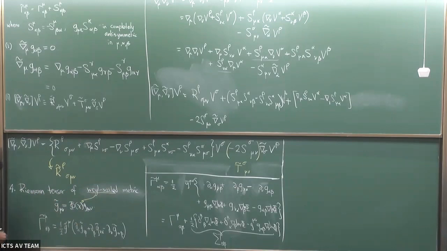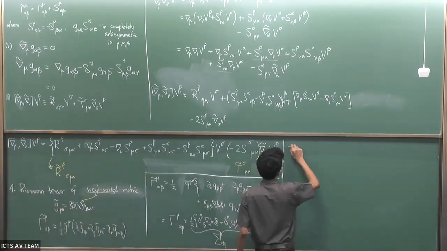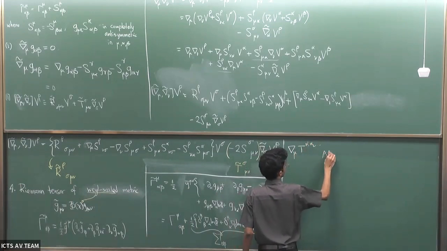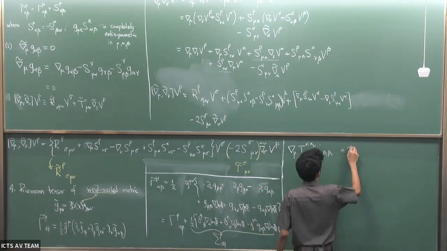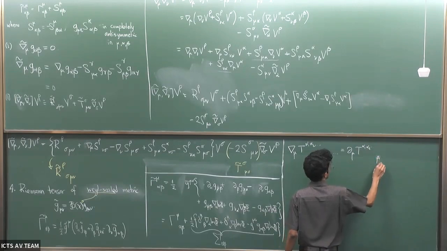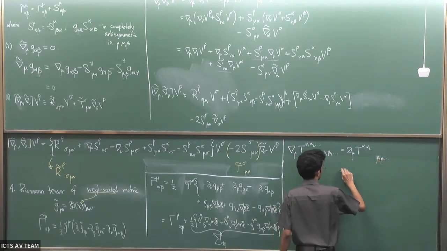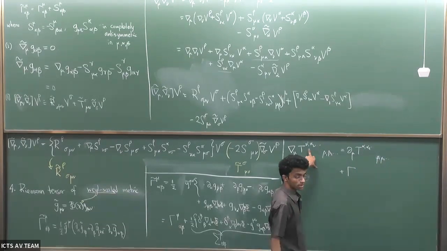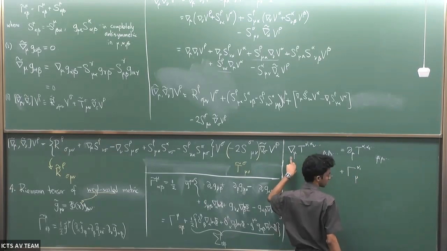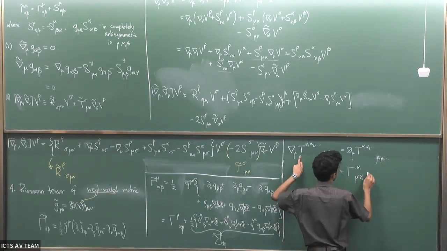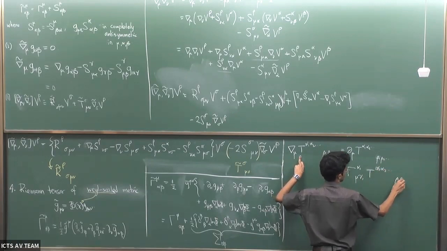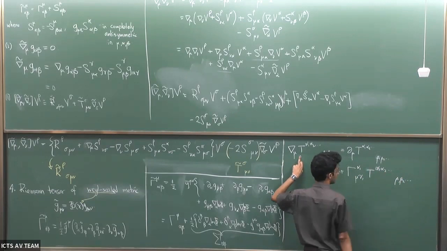So always remember that covariant derivatives act on tensors this way. So if you have a covariant derivative of mu, T alpha 1, alpha 2, all the way up to beta 1, beta 2. This is something you should never forget, which is del mu T alpha 1, alpha 2, and so on, and beta 1, beta 2. Plus, you always get pluses on upper indices. So let's say you start with alpha 1, and then you get a mu differentiation index first. That's my convention. And then let's say you get gamma 1 times T, gamma 1, alpha 2, beta 1, beta 2, and so on. And you keep doing this for all n.